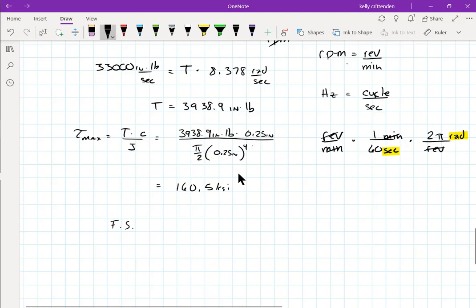Factor of safety is our tau yielding over tau actual. So our yield strength was 18 KSI. Our actual stress was 160.5 KSI. That is 18 divided by 160.5, 0.112, which is not good.